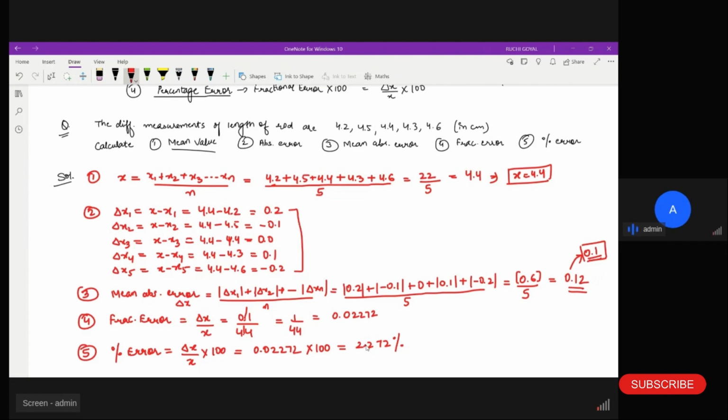From here we can say that the instrument used in measuring the length of the rod has an error of 2.272%, because, as I have said already, every instrument has some error. Okay, so the topic is clear.